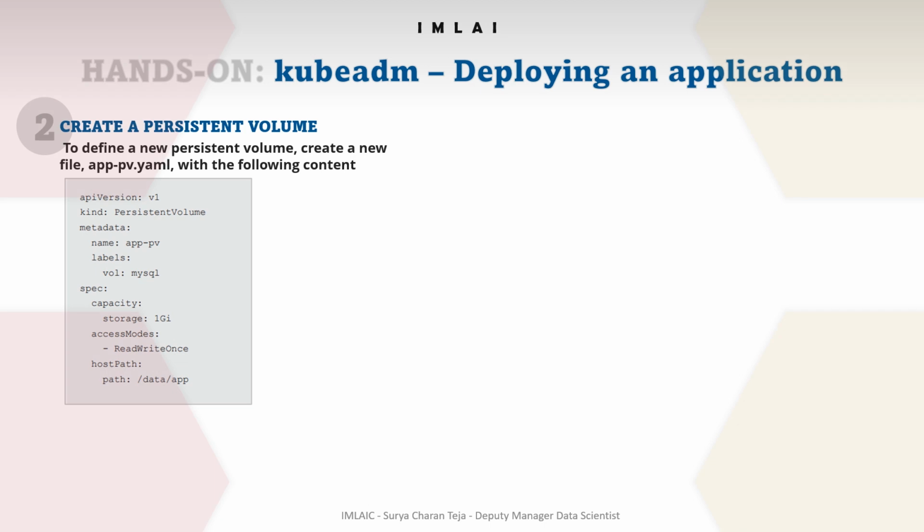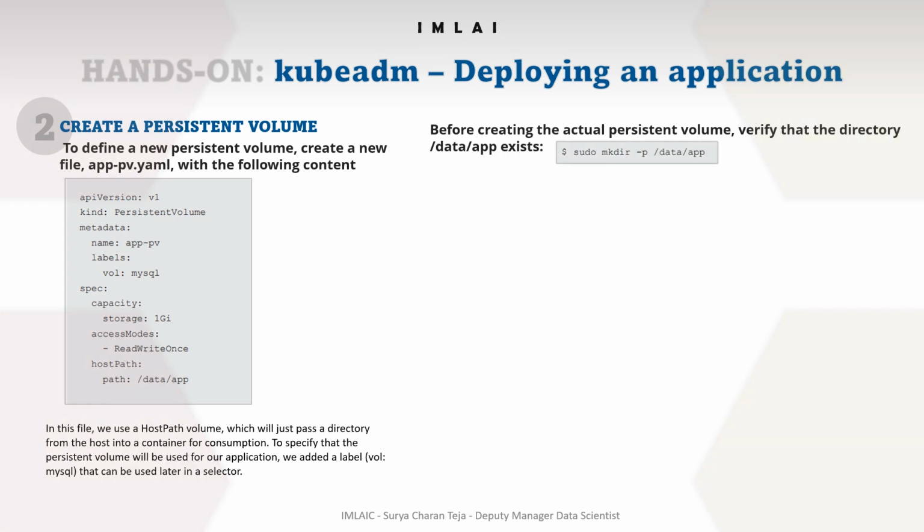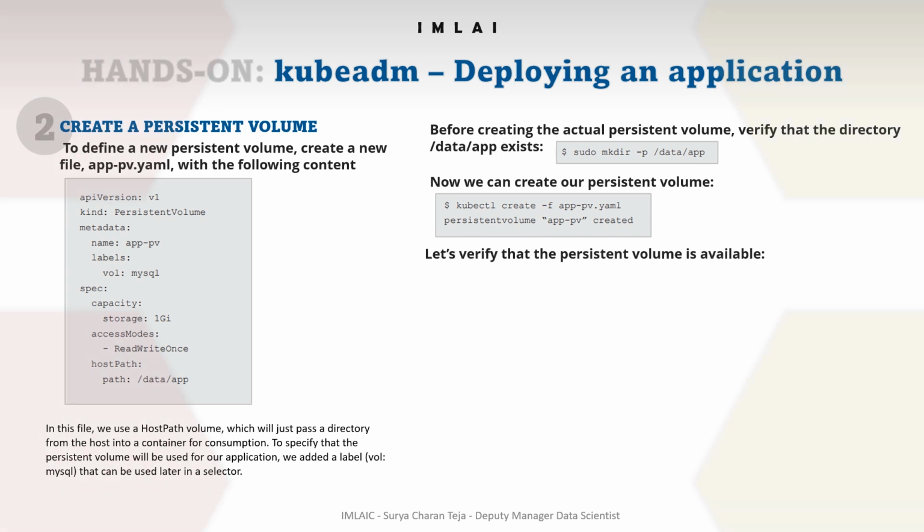Now before creating the actual persistent volume, verify that the directory /data/app exists. So let me do that. For that I'm going to say sudo mkdir /data/app. Now we'll create our persistent volume. We'll say kubectl create -f app-pv.yaml. Then we have to verify that the persistent volume is available.